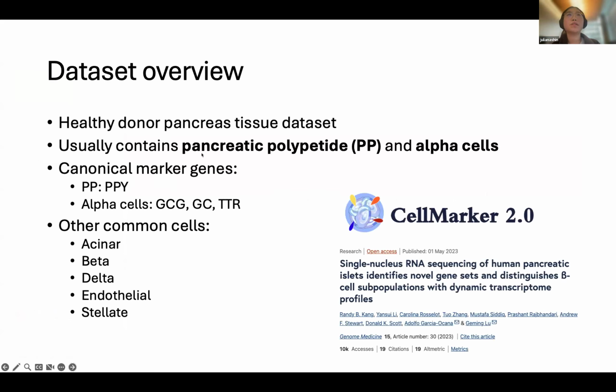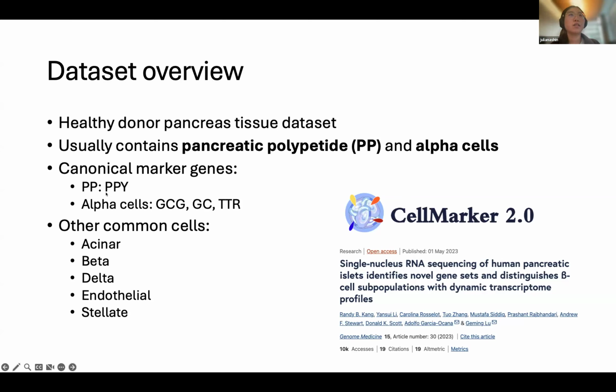And then I was specifically looking for these pancreatic polypeptide or PP cells as well as alpha cells. And so I used the cell marker 2.0 database that I think a lot of other people used as well, in addition to this paper that I found that talked about identifying marker genes for specific cell populations in human pancreatic cells.